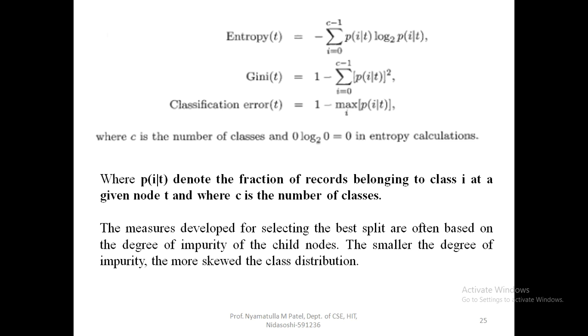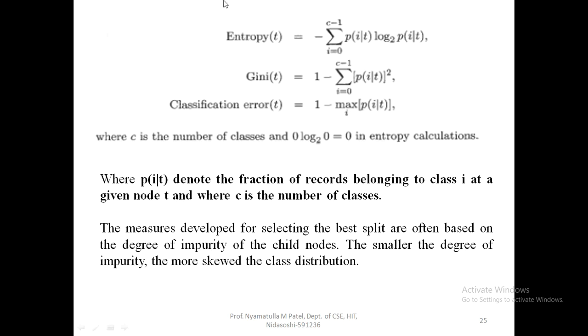Gini is equal to 1 minus summation i equal to 0 to C minus 1 of [P(i|T)] squared, and classification error is equal to 1 minus max over i of P(i|T). Where C is the number of classes, and 0 log 0 is equal to 0. For entropy calculation we have used log to the base 2.